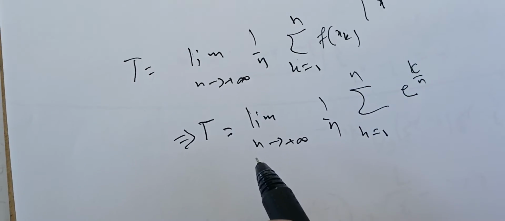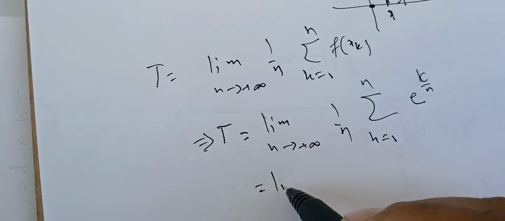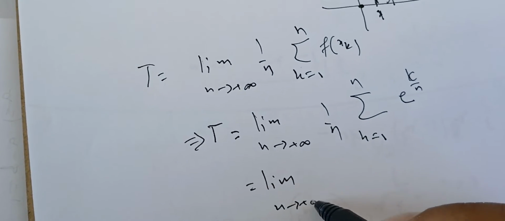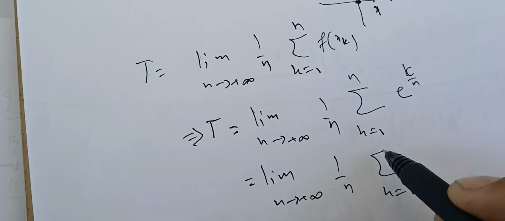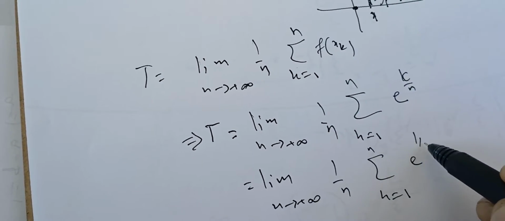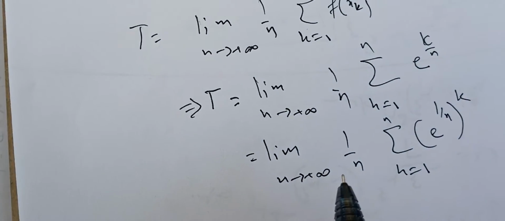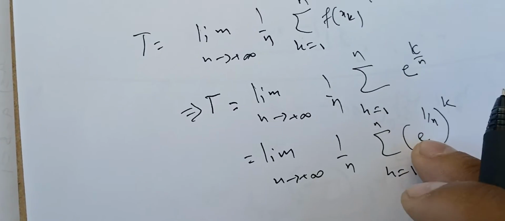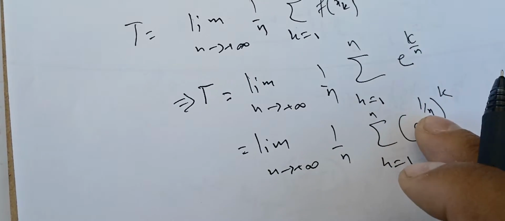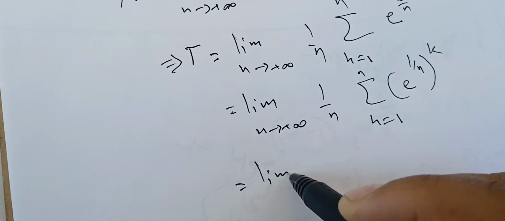Here we notice that this can be written as the limit as n goes to infinity of 1 over n, the sum from k equals 1 to n of e to the 1 over n, to the power k. This is a geometric sequence with ratio e to the 1 over n. We know its sum, but from 0, so we have to add and subtract 1.